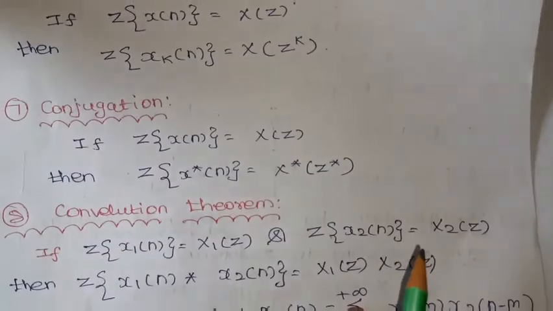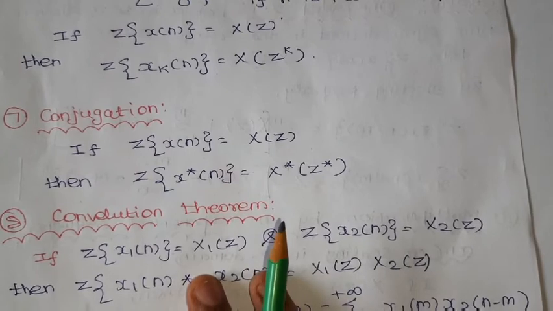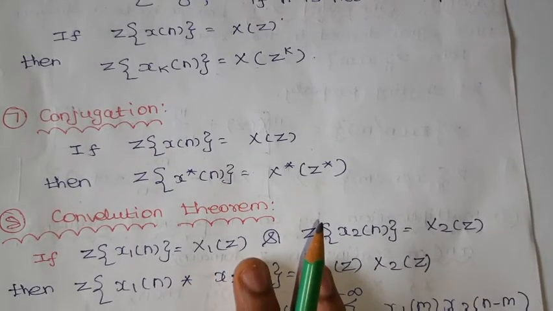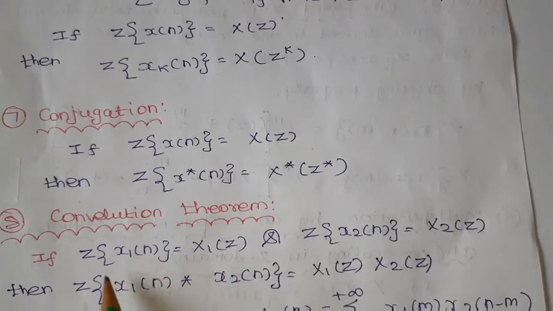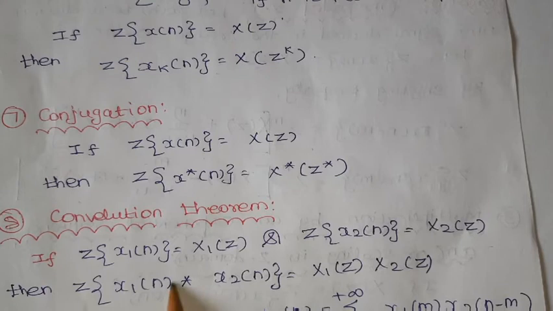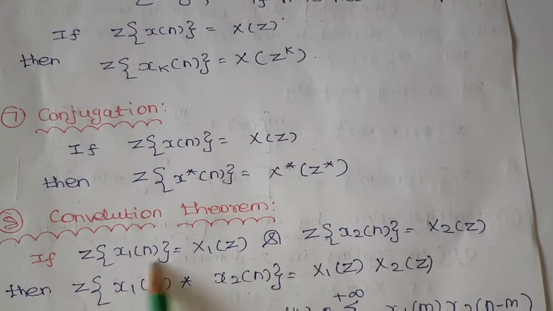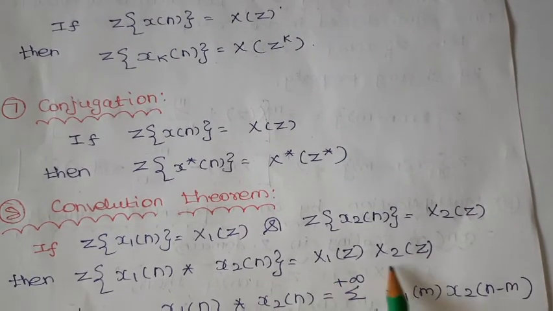Next, convolution property. This is an important and powerful tool for analysis of discrete time signals and systems, the convolution theorem. If the z transform of x1 of n is equal to X1 of z, and similarly the z transform of x2 of n is equal to X2 of z, then the z transform of x1 of n convolved with x2 of n, which is convolution in the time domain, becomes multiplication in the z domain: X1 of z into X2 of z.